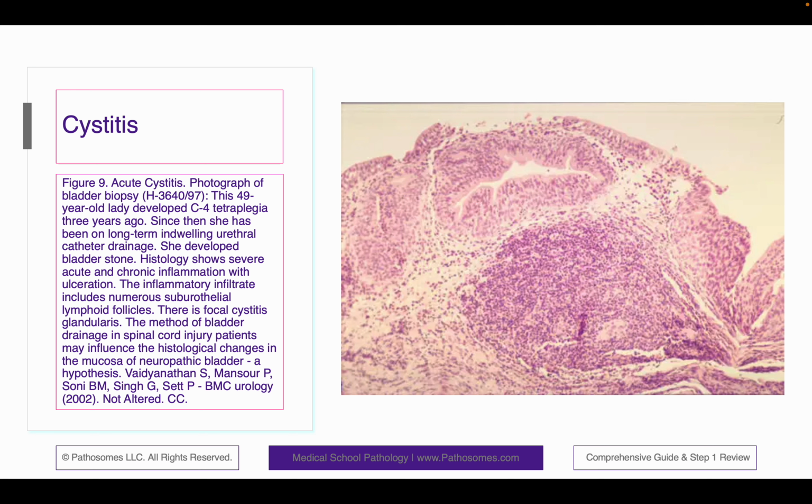To the right here, we have an H&E specimen from a patient with cystitis. This was a biopsy that showed severe, acute, and chronic inflammation with ulceration.